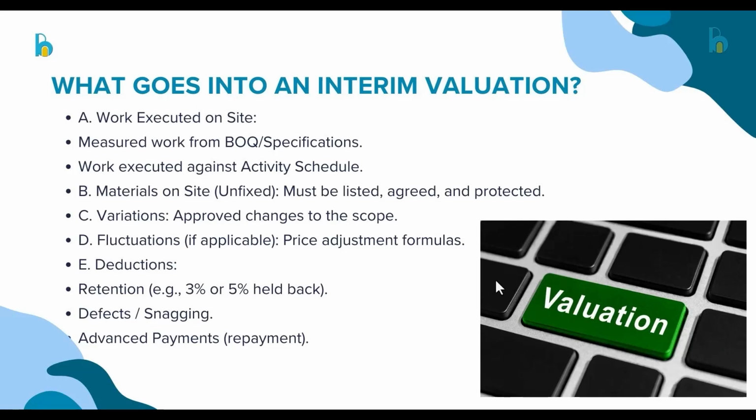So the second, we have the variation, which is approved changes to the scope. So variation also moves into the interim payment. Then we have the fluctuation. So the fluctuation is price adjustment, whereby there is an increase or decrease in prices of materials. It depends on the contract agreement. In some fixed contracts, whereby the contract is fixed, whether there is an increase or decrease, the client has no issue, unless in an ex gratia area.